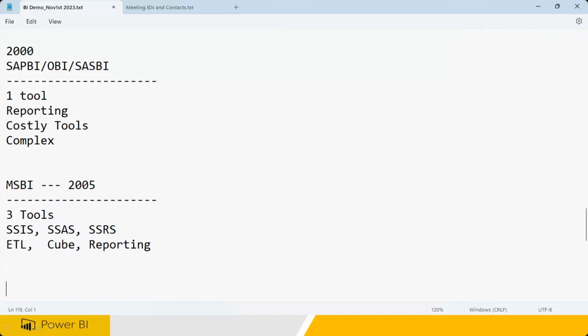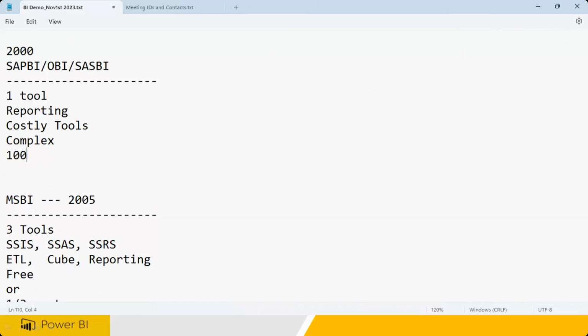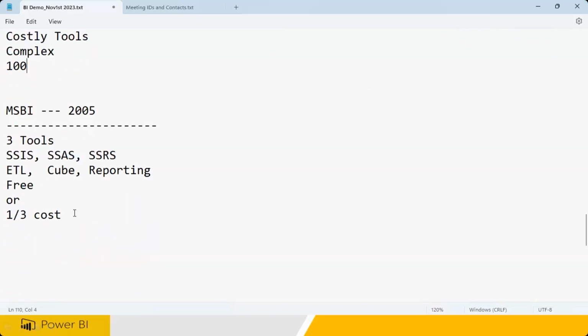You can create a lot of reports and do a lot of activities with it, and it will be a free tool for you, or one third the cost of the above tools. If you are paying 100 rupees for this, you need to pay only 30 for that. These are very good tools, and Microsoft gives you more tools to create a lot of reports and applications.